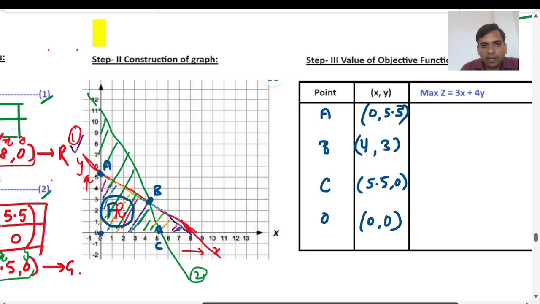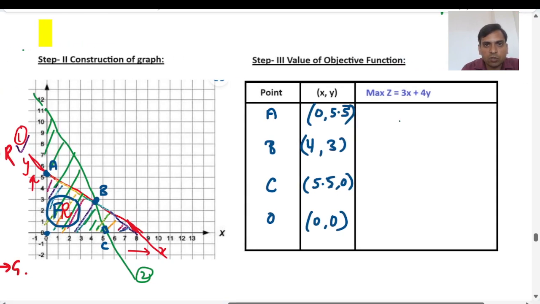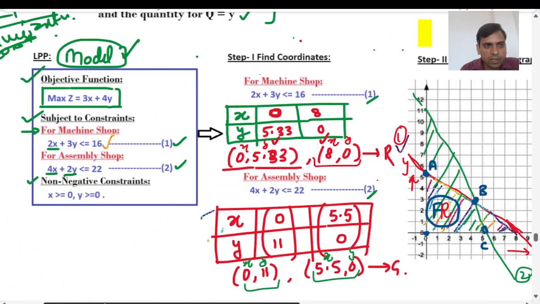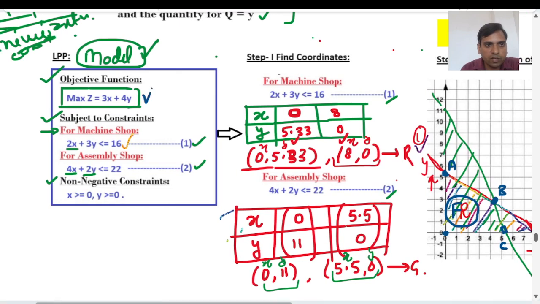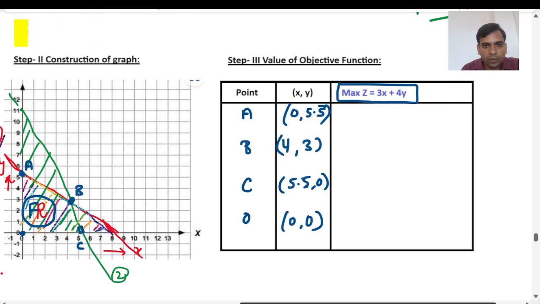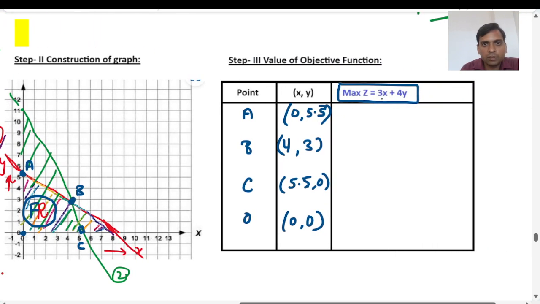Now we need to find the value of the objective function. So the objective function, this profit function, is maximum z equals 3x plus 4y. This is the objective function. So now we will put these values in this objective function.